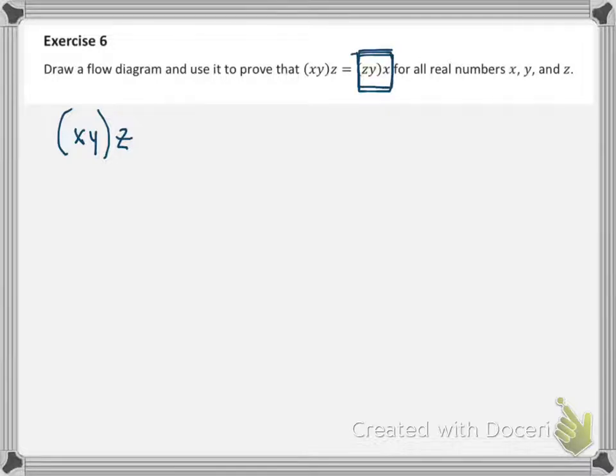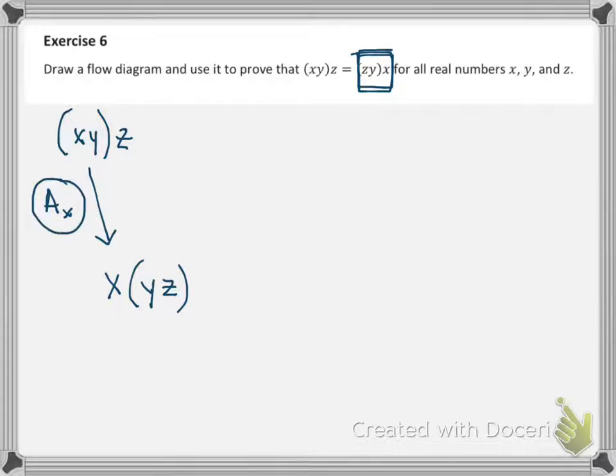I would like to change the way these are associated, right? If I can change this so I have x all by itself and y times z in the parentheses, that's a little closer to what I want. So that is the associative property of multiplication, which allows me to do that.